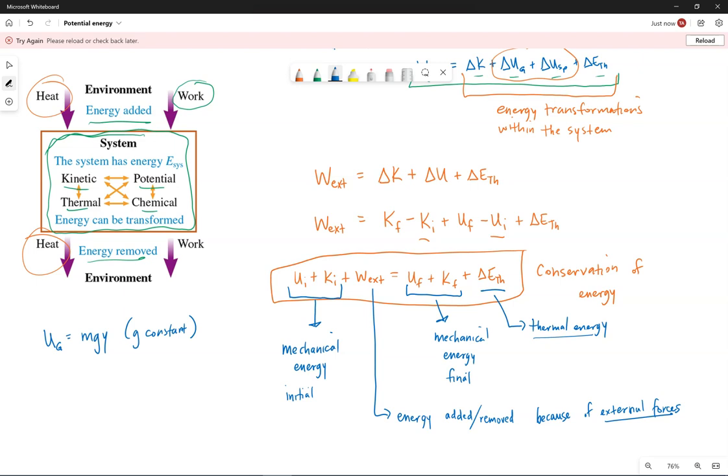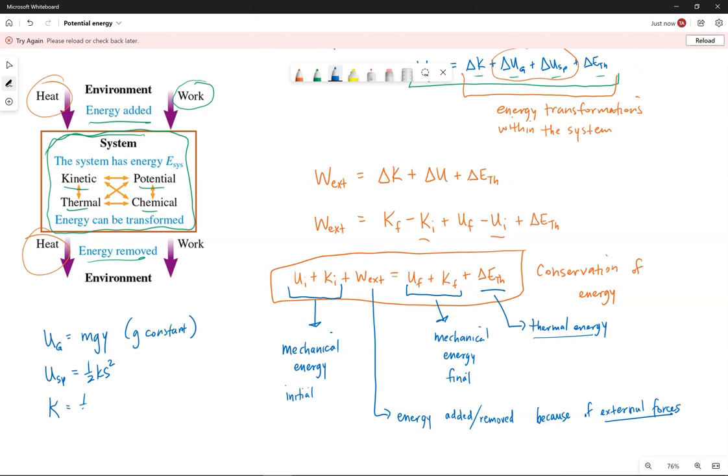Lowercase g is not a constant anymore in that case. So this equation mgy specifically applies as long as g is a constant for the whole problem, which is totally the case for all of our problems right now. Our elastic potential energy or spring energy is 1/2 ks squared, where s is how far the spring is stretched or compressed from equilibrium.